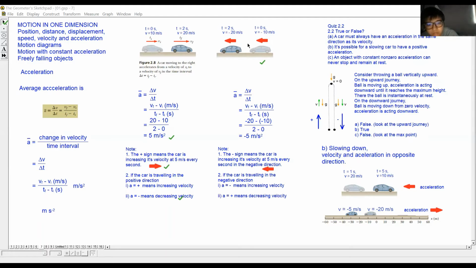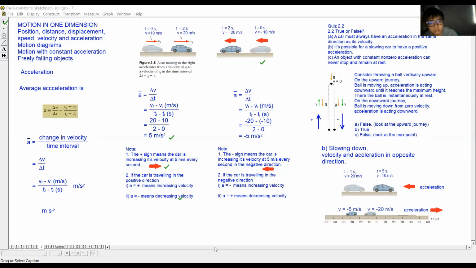Now, if we use our definition of average acceleration to find the acceleration of this car, we should use negative 20 minus negative 10 for the top part. For the time, we use 2 minus 0.